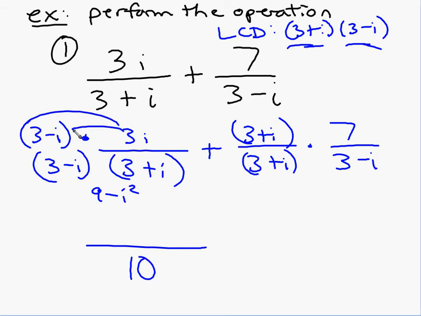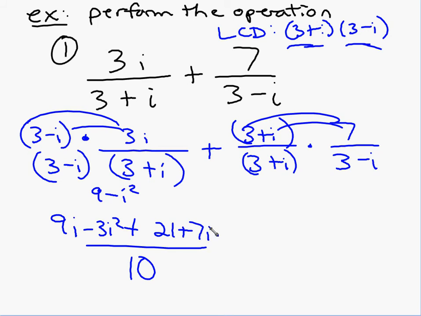So 3i times both of these, that'll be 9i minus 3i squared. 7 times both of these, that'll be plus 21 plus 7i. I've got an i squared, so that becomes a negative 1, so this becomes like plus 3. So I'll combine that with the 21, make it 24 plus 16i over 10.